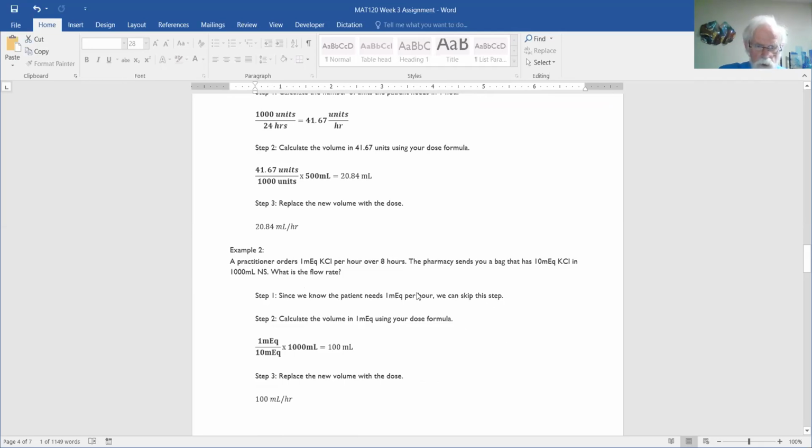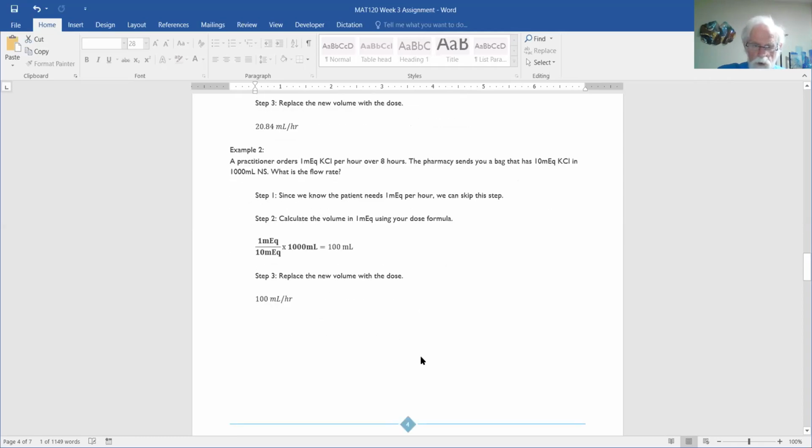So what's the flow rate? We know we can skip this first set. We know that we have 1 milliequivalent per hour. So 1 milliequivalent over X equals 10 milliequivalents over 1,000 milliliters. Rearranged, we get this equation. Milliequivalents cancel out, we only have milliliters, and we get 100 milliliters per hour.